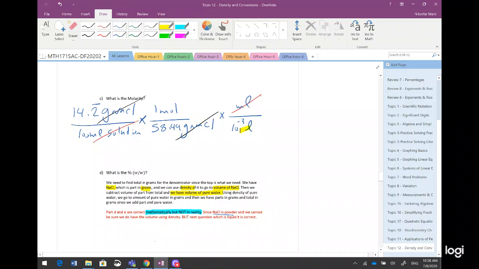So I have these numbers, and I have this one and this one. I need 4 significant digits here, because 1 mole is exact, so 100 is exact, and 10 to the power minus 3 is exact because that's the definition of milliliter.